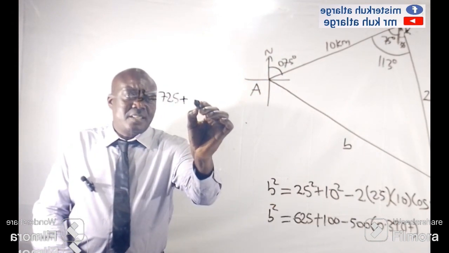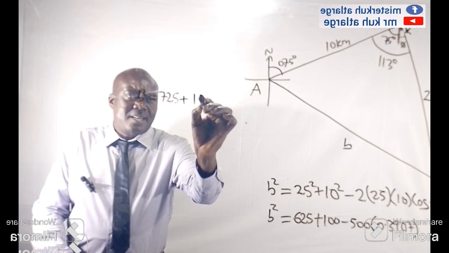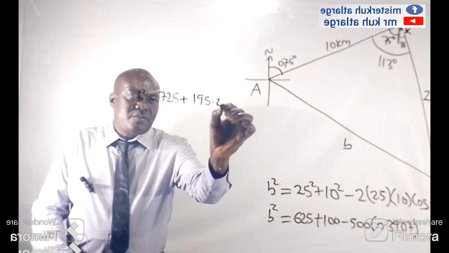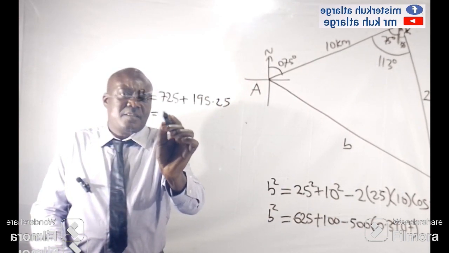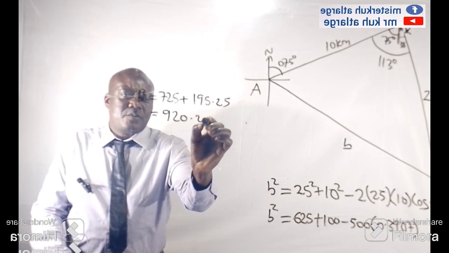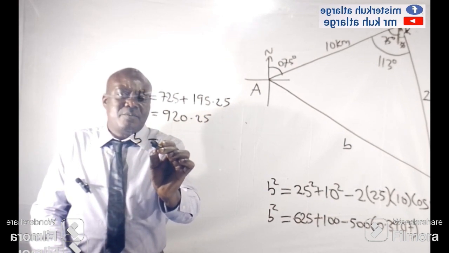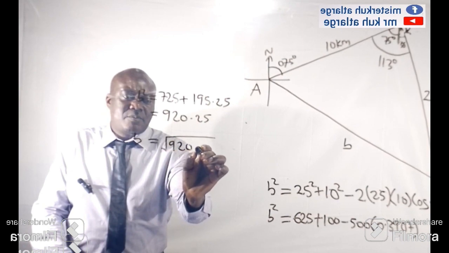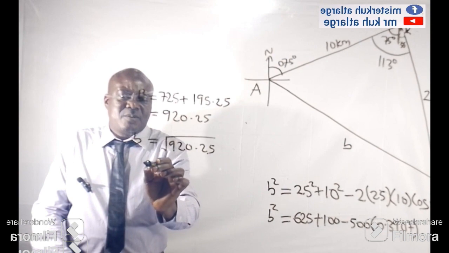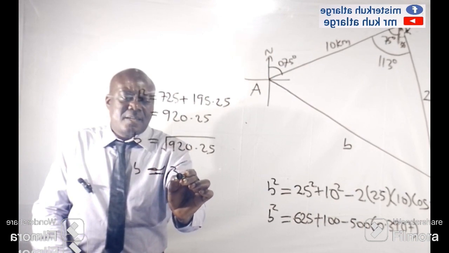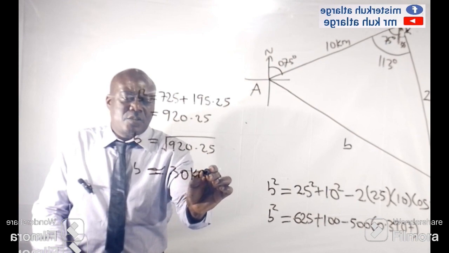If you multiply this one you will get 195.25, and you have 920.25. So b will be equal to the square root of 920.25. If you get the square root, you will get approximately 30 kilometers.